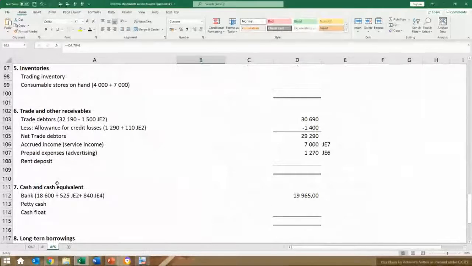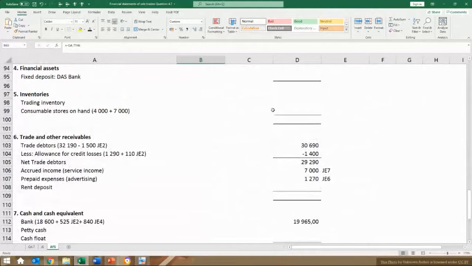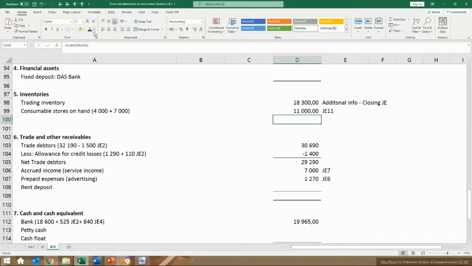So if we go to the inventory note, we will then add the consumable stores we've created. The trading inventory will now be exactly the same amount as per the additional information. But we would correct that balance with the closing transfers when we do the trading account to get to our trading inventories total amount.